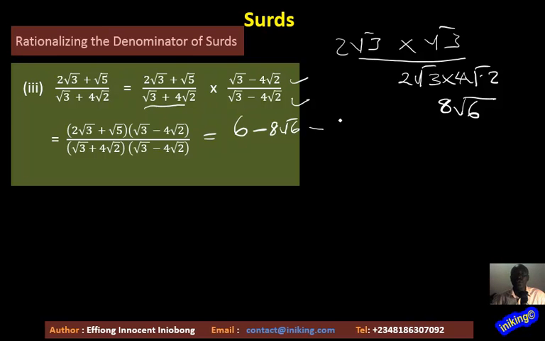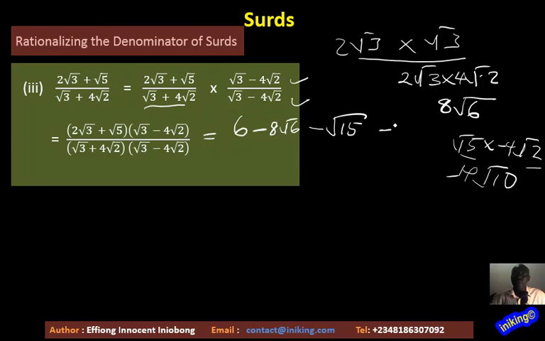Root 5 times root 3, you will agree, gives us root 5 times 3, which is root of 15. Root 5 times minus 4 root 2. Of course, the 2 square root signs will multiply to give us root 10. And minus 4 will be there. So we have minus 4 root 10.